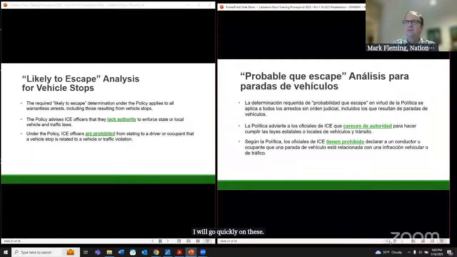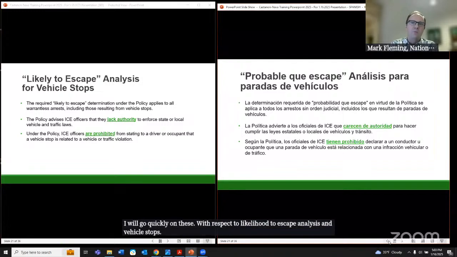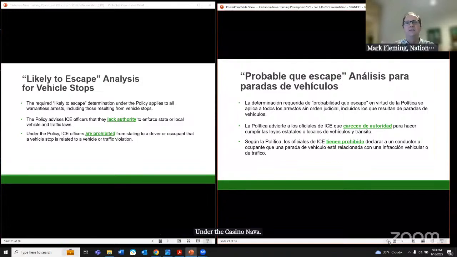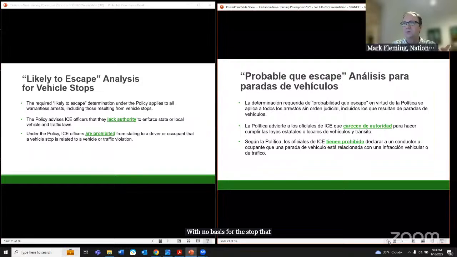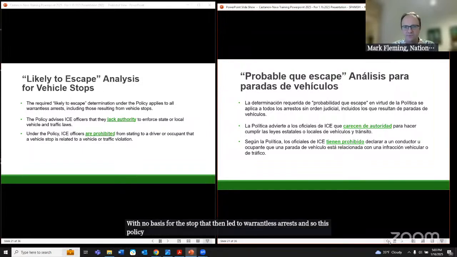With respect to likelihood to escape analysis and vehicle stops, under Castañon Nava, what occurred multiple times is individuals were in vehicles, they got stopped with no basis for the stop that then led to warrantless arrests. And so this policy tends to be more focused on individuals who get warrantlessly arrested through a vehicle stop. But a couple key points here.